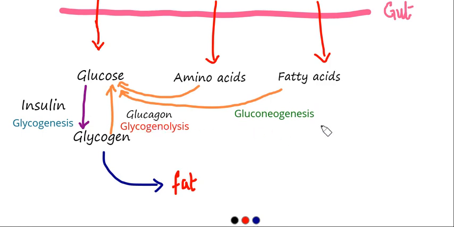As I said earlier, this process is called gluconeogenesis, the formation of new glucose molecules from non-sugar precursors. These are not carbohydrates, these are not sugars, and their function is not to provide energy, but they get broken down into glucose.